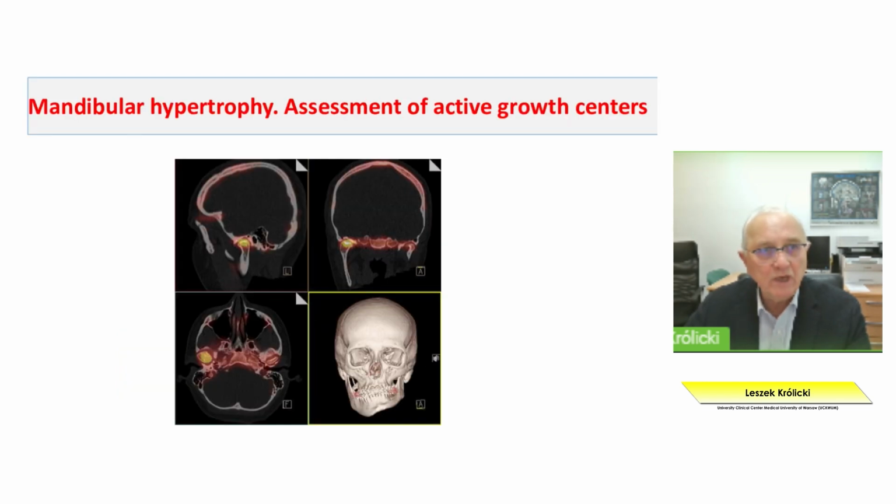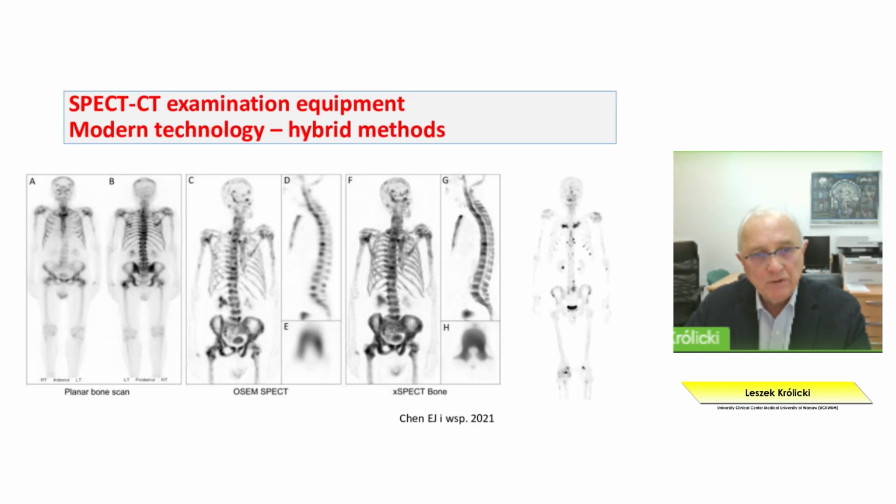And another example, this is mandibular hypertrophy, and here, due to hybrid imaging, we can accurately locate the bone changes and the lesion location. So only such hybrid imaging enables us to properly assess the active centers.